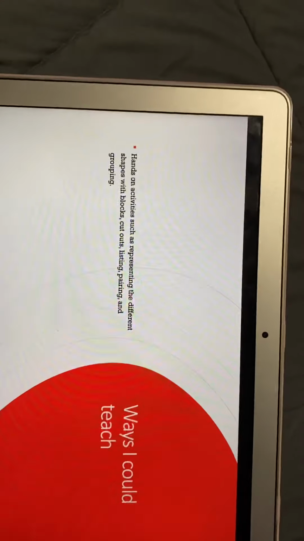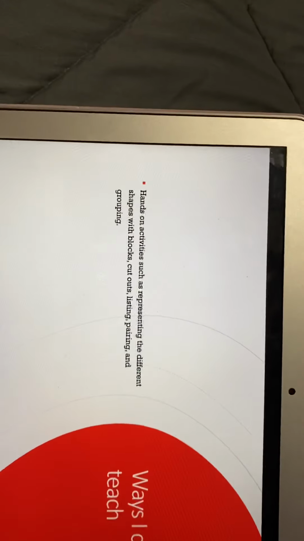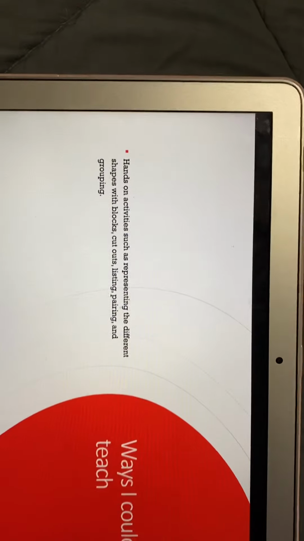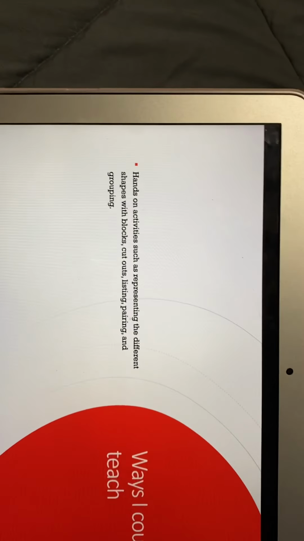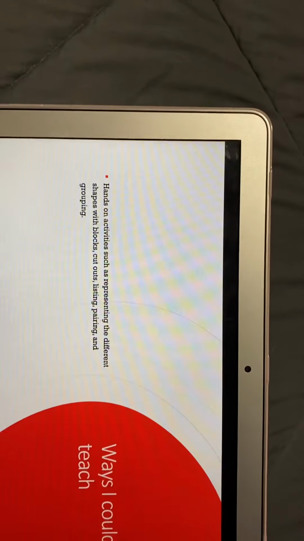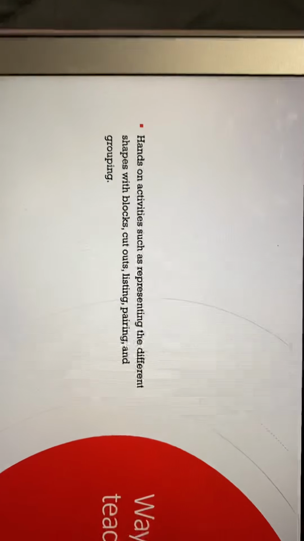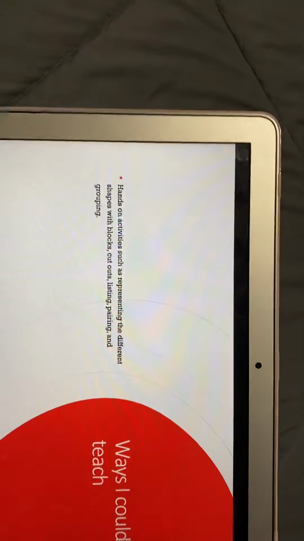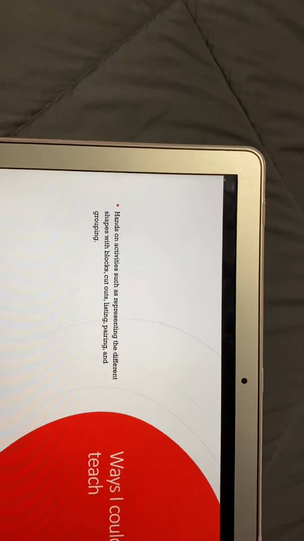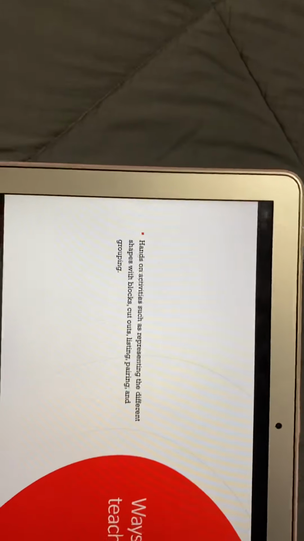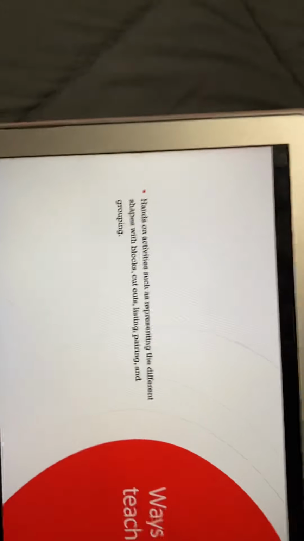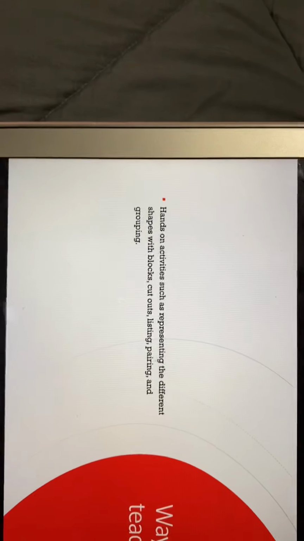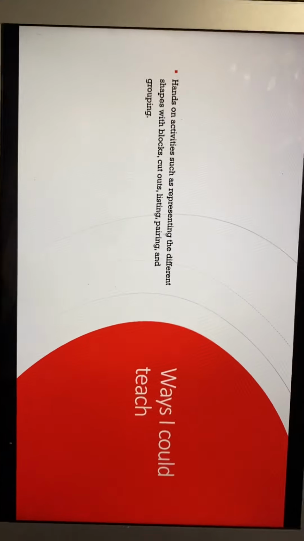So what I thought would be the best option for them would be hands-on activities, such as representing the different shapes with blocks, cutouts, listing those blocks and cutouts to what could be congruent or similar, and pairing them, pairing the different shapes, pairing the same shapes, pairing them to show what is what, and grouping, putting all the shapes that are the same together, all the shapes that are similar together, and creating two different groups.